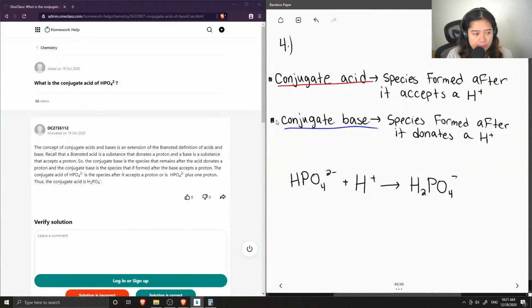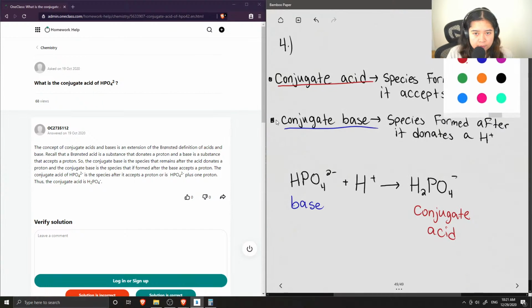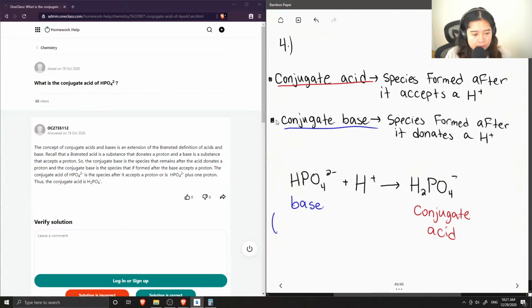So in this case, HPO4 2 minus is our base, and H2PO4 minus is our conjugate acid. So bases are H plus acceptors.